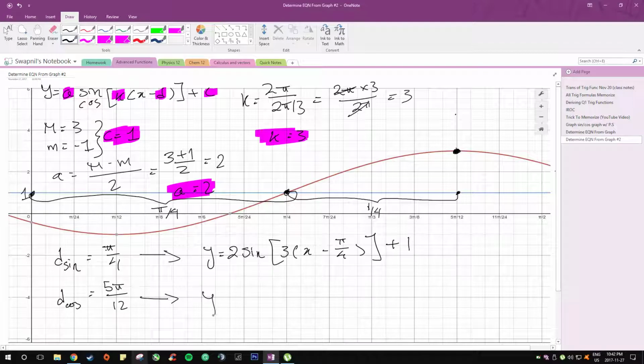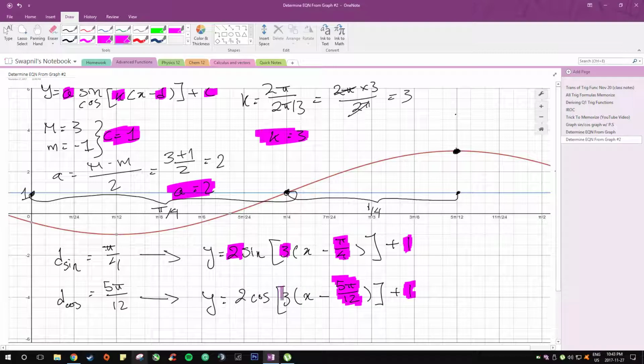And for this one, it's y equals 2 cosine 3, everything stays the same except for the d value. And then we have a value, k, d, and c for both of them.